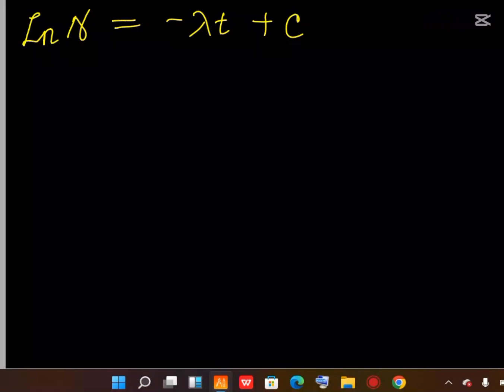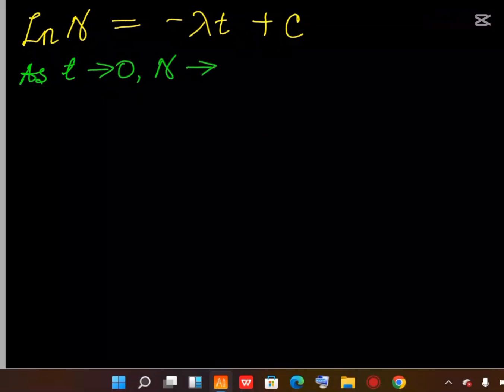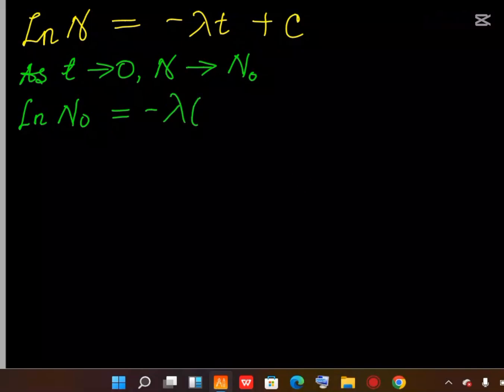As t tends to 0 seconds, N will also tend to the initial count, which is N naught, so that ln N naught becomes equal to negative lambda times 0, plus c.